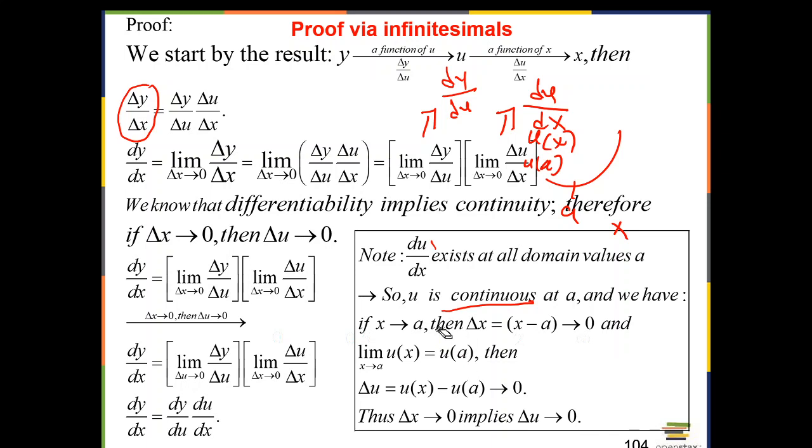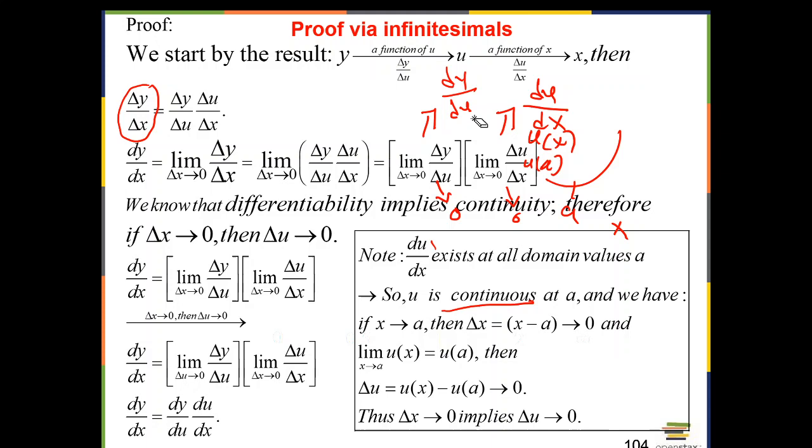And if you move this to this side, you see that delta u goes to 0. So we proved that when delta x goes to 0, delta u goes to 0. We prove right here, when this goes to 0, this goes to 0 too, and now we can say that if this goes to 0, that defines what?